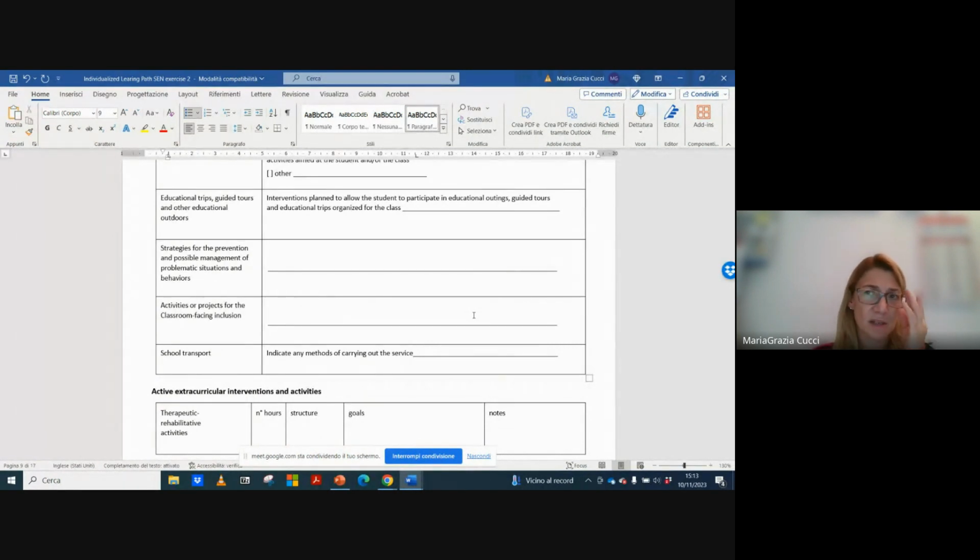For instance, I arrive this first year, for the very first year in my school, and I do not have to ask everybody what is going on with this specific student and what we can do for him or her. No, we can simply check some scheme like this one, some document, and we can find in this document all the information that we need.